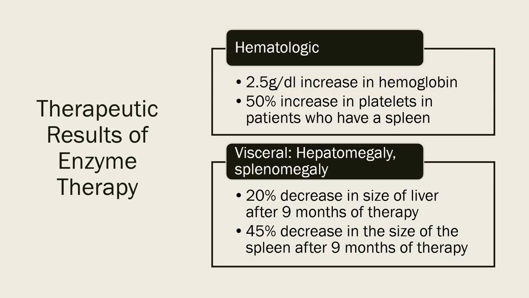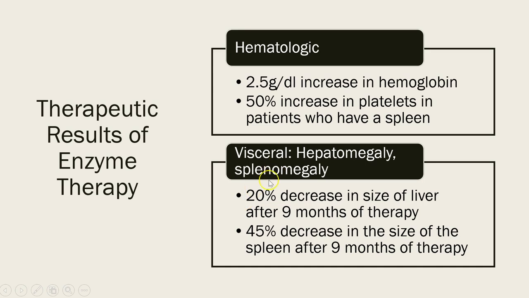The therapeutic results include a hematologic 2.5 gram per deciliter increase in hemoglobin, and a 50% increase in platelets of those patients that still have a spleen. Unfortunately, because of this therapy, we haven't had to perform as many splenectomies as we used to, because there are complications in splenectomies.